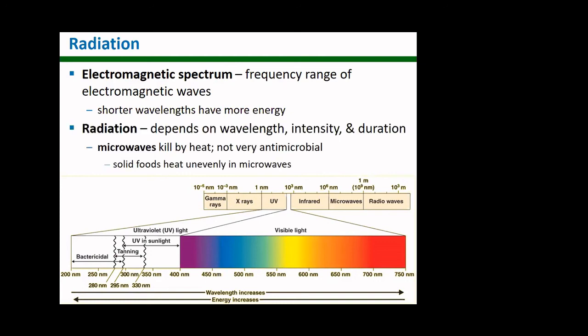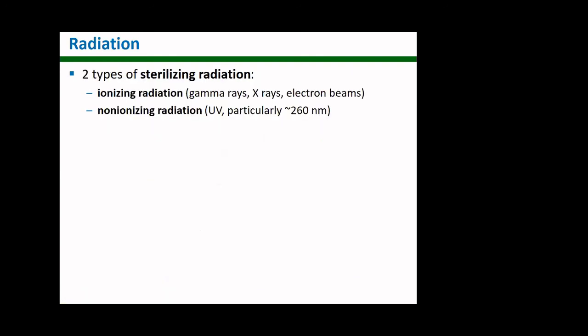So the ability of that radiation to kill microbes depends on its wavelength, its intensity, and its duration. So how long are you exposing your surface to UV light? How intense is that UV light? Things like that. There are two kinds of sterilizing radiation. One is ionizing and the other is non-ionizing. Non-ionizing is UV.